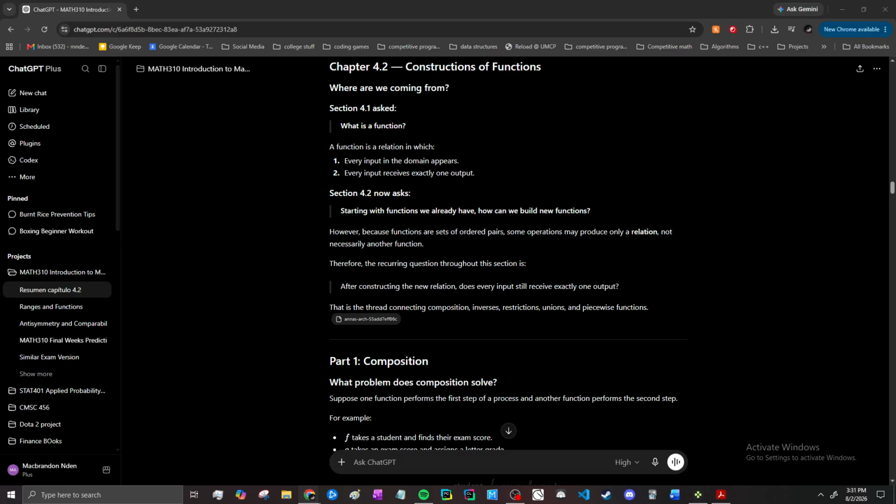It's a set of ordered pairs, and as such, a function is a relation where every element of the domain is mapped to an output. So every A has a B. For the pair (x, y) in a relation, every x has a unique y.